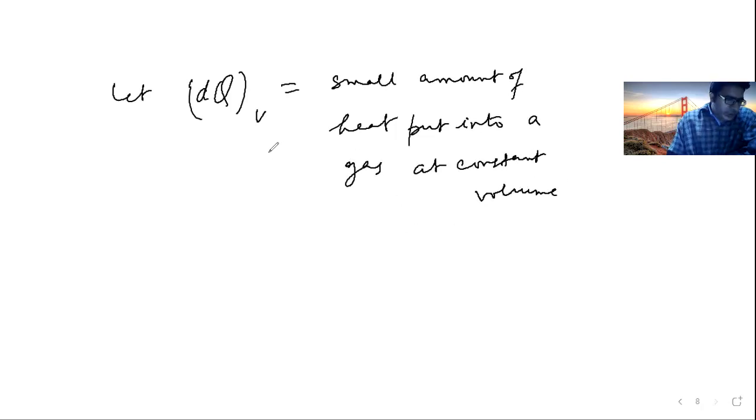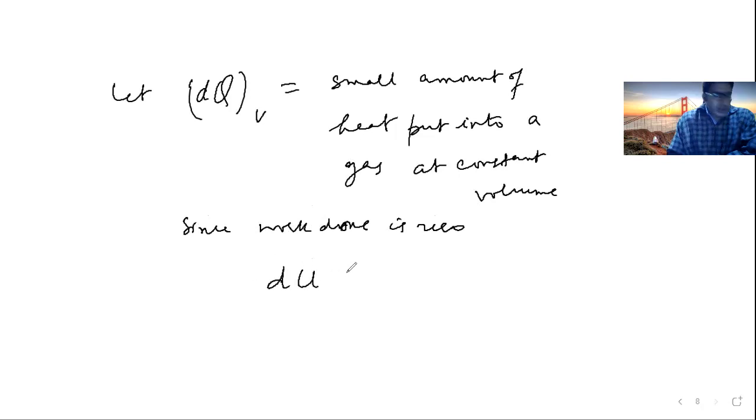Small amount of heat put into the gas at constant volume. Now since work done is zero, therefore first law says change in internal energy is dq subscript v, right? Let this be my first.